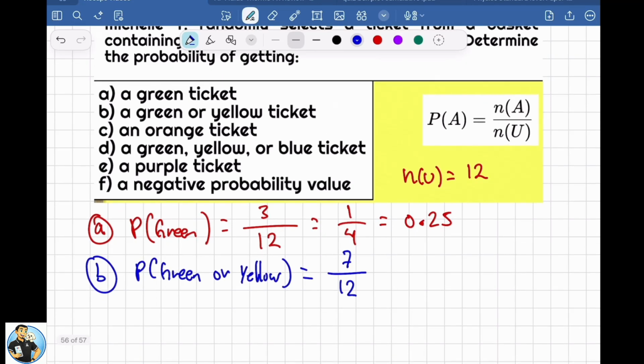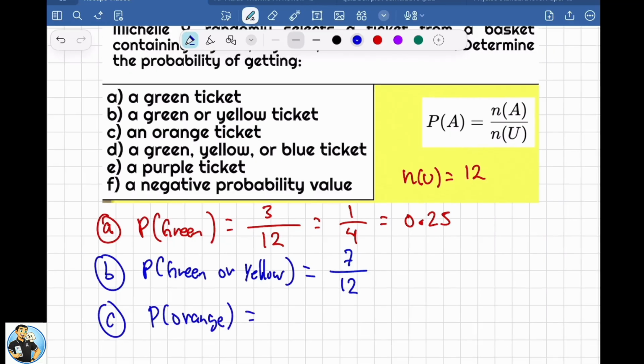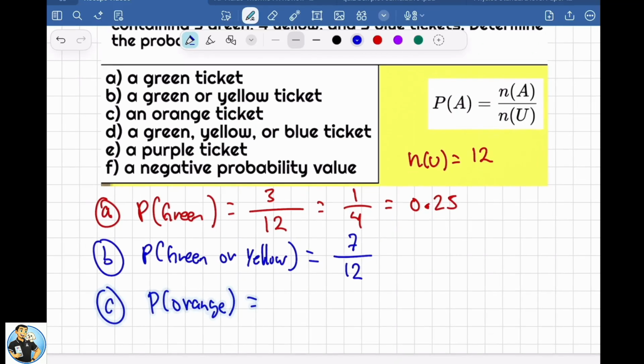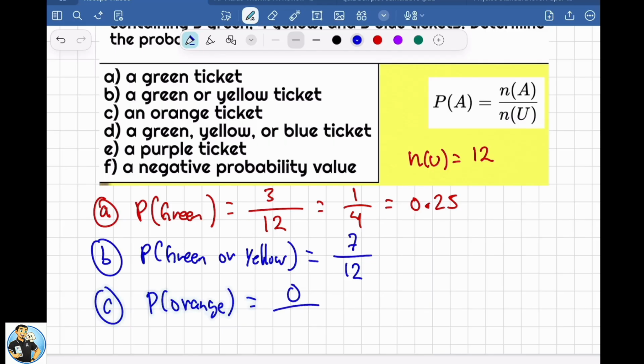What about C? The orange ticket, probability of getting an orange ticket. I think this is a tricky question because we don't have orange color. Because we don't have orange, it's 0 divided by 12. So basically this is 0, impossible, because we don't have orange.